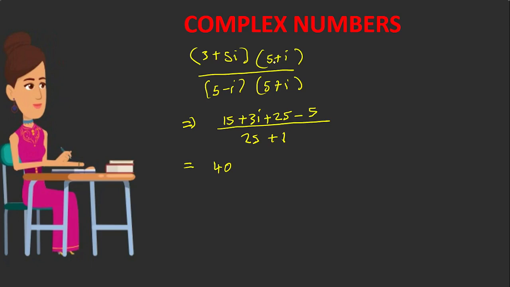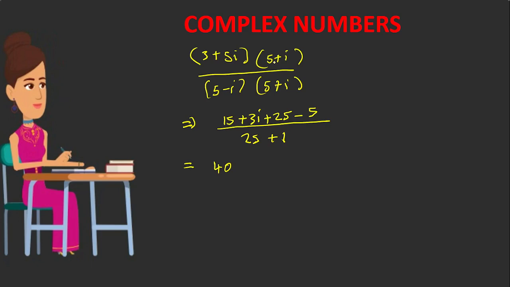So 3 times 5 is 15. Then 3 times i is plus 3i. Then 5i times 5 is 25i. And then 5i times i is negative 5. Then over, 5 squared is simply 25.